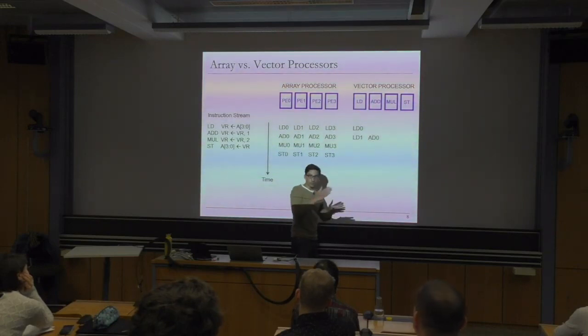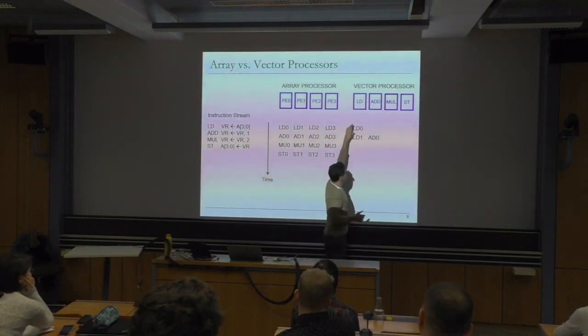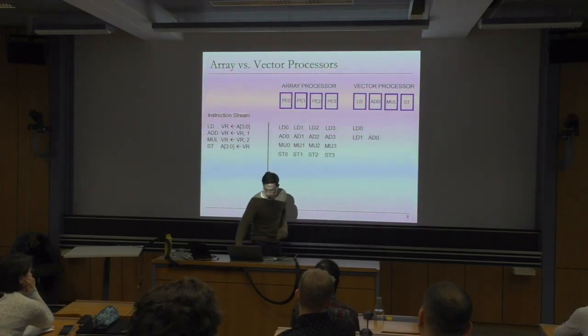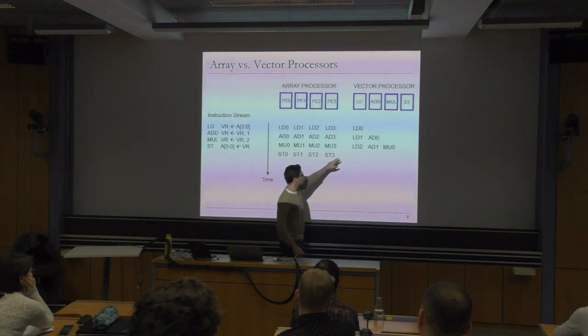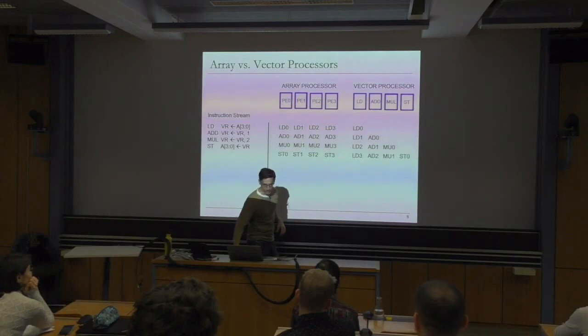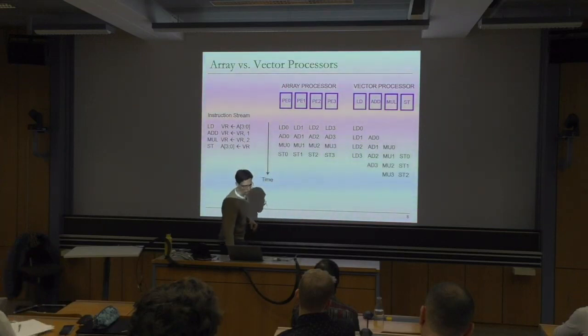Let's assume that we can do all these instructions in one single cycle, right? So right after we get the value A0 from memory, we can start adding 1 in the corresponding processing element. And in the next cycle, load 2, add 1 and multiply 0, and then load 3, add 2, multiply 1, and store 0, and so on.